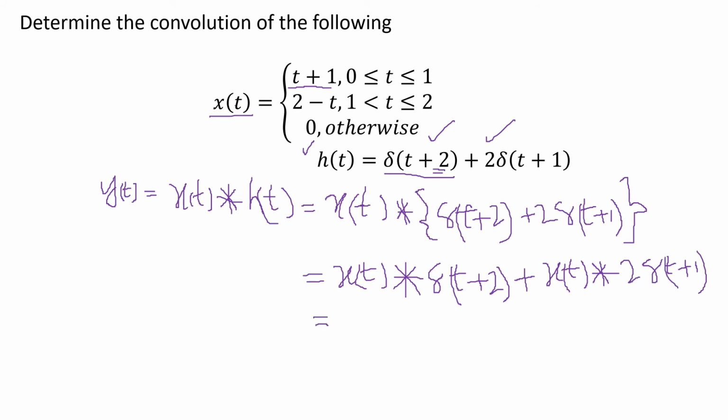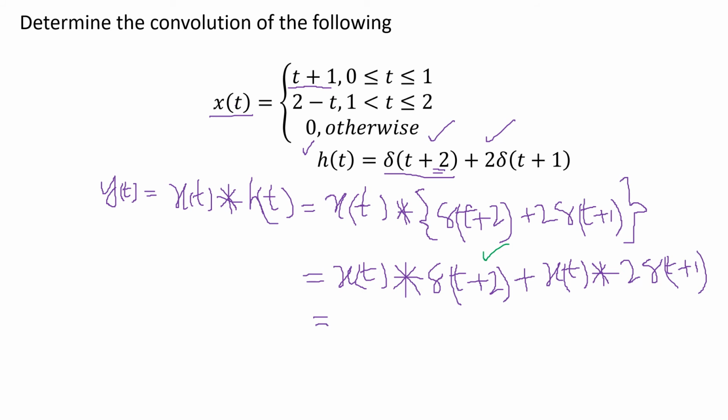So we know that convolving any signal with the impulse will result in the same signal. If the impulse is shifted, the resulting signal will be shifted. Because it's shifted 2 units to the left, x of t will be 2 units shifted.